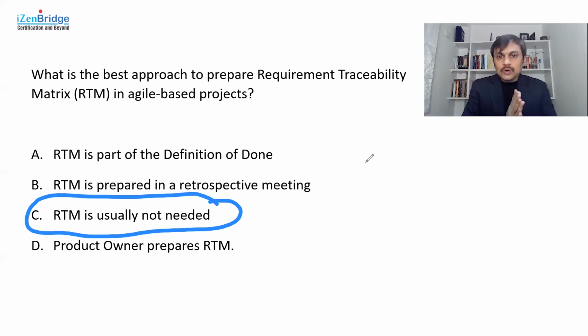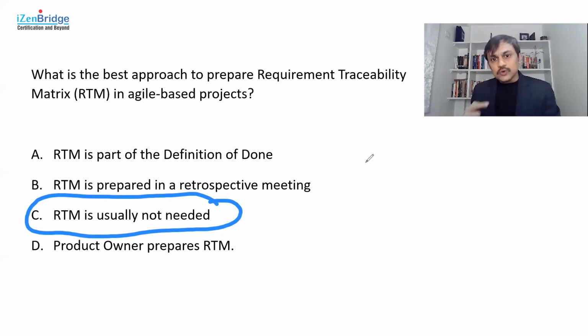Now, since we are working in a small incremental way, and we are always collaborating with the stakeholders, we may not need to create a separate requirement traceability matrix to ensure that we are meeting the requirements which we agreed before. Because we are just working for a few weeks, showing it to the stakeholders, and they are either accepting it or rejecting it. So if I use project management language, we are doing validate scope very frequently.